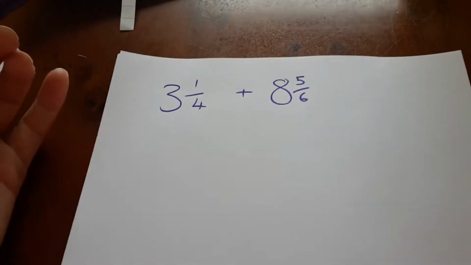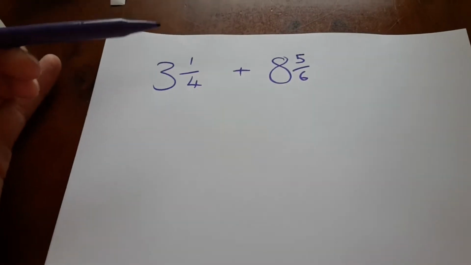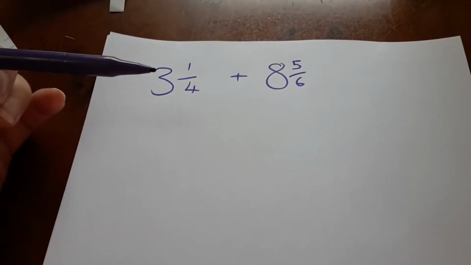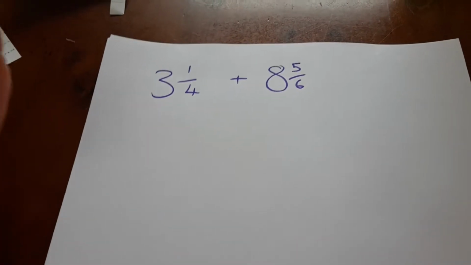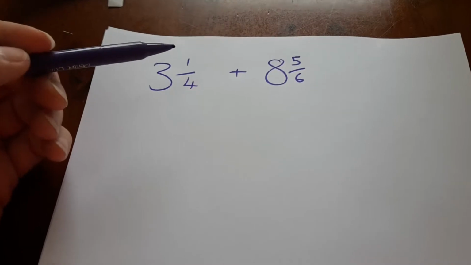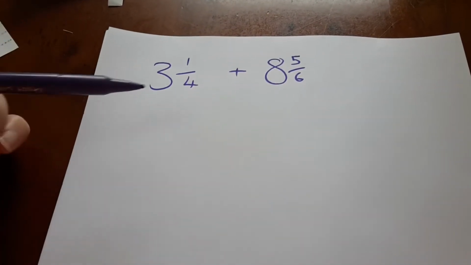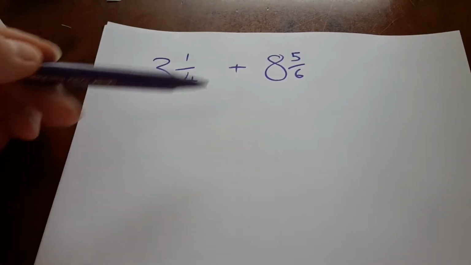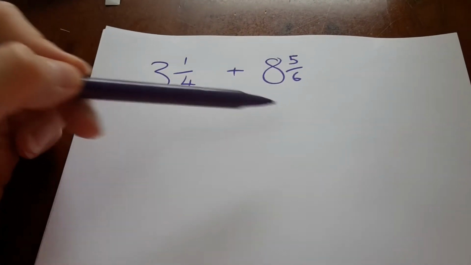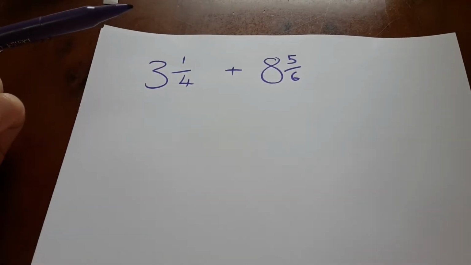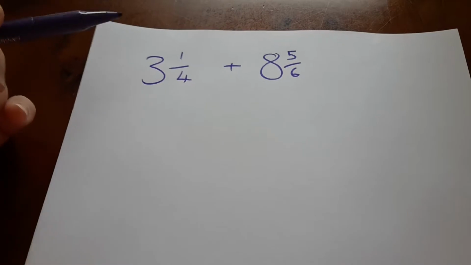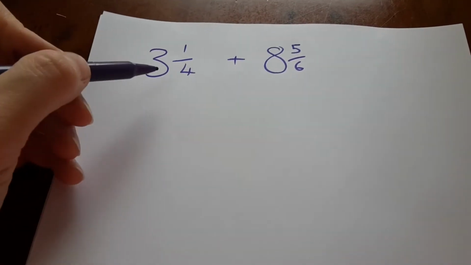One of the questions they really like to give you is giving you mixed numbers and then asking you to add or subtract them. So here, to make my life much easier, I'm going to convert these mixed numbers to improper fractions.